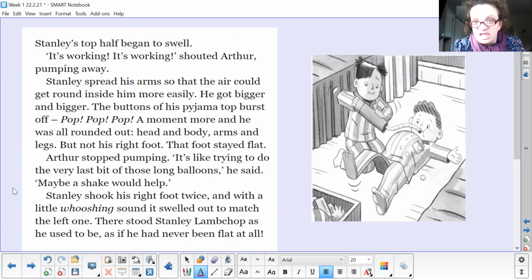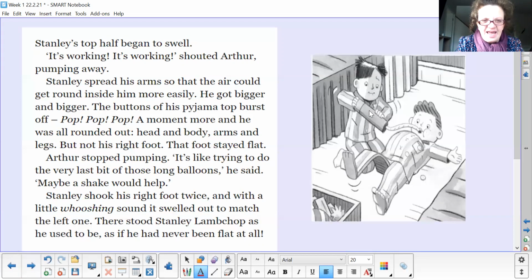And you can see there in the picture, there's the pump, and there's him pumping away, putting the air into Stanley. Stanley spread his arms so that the air could get around him, inside him more easily. He got bigger and bigger. The buttons of his pajama top burst off. Pop, pop, pop. A moment more, and he was all rounded out, head and body, arms and legs, but not his right foot.